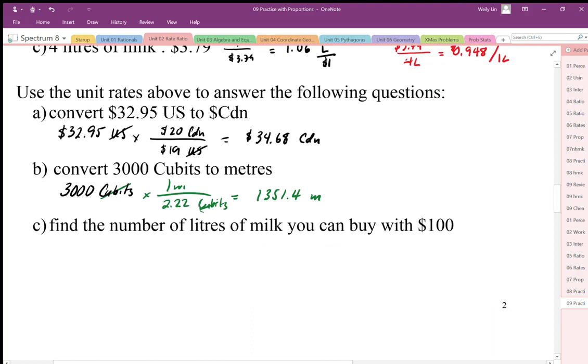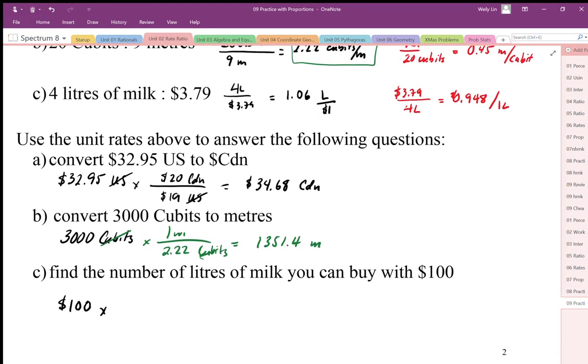So for the last one here, the number of liters of milk I can buy with $100. So I'm going to start with my $100. Here's my $100. Okay, and I need to use a ratio. So I'm going to use maybe this one here. Okay, so 4 liters for $3.79. So I'm going to put my dollars on the bottom. 3.79, so the dollars cancel out.